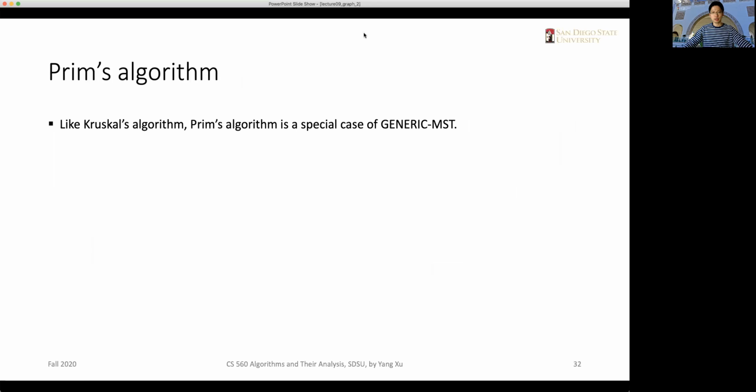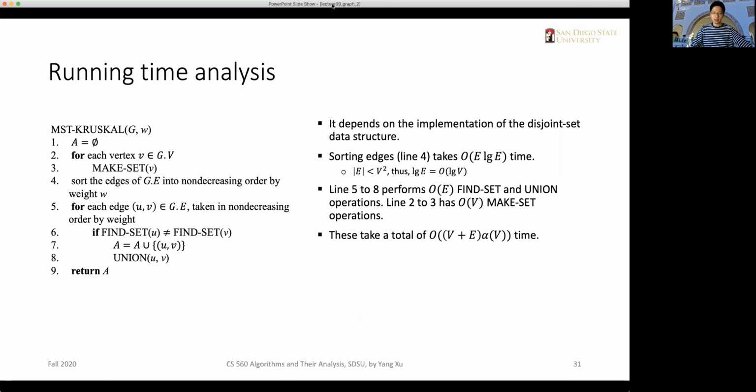So I think we'll stop here. We have introduced the general method for the minimum spanning tree problem. And I think it's worth spending some time reading chapter 21, which is about the disjoint set data structure. It's also worth reading.